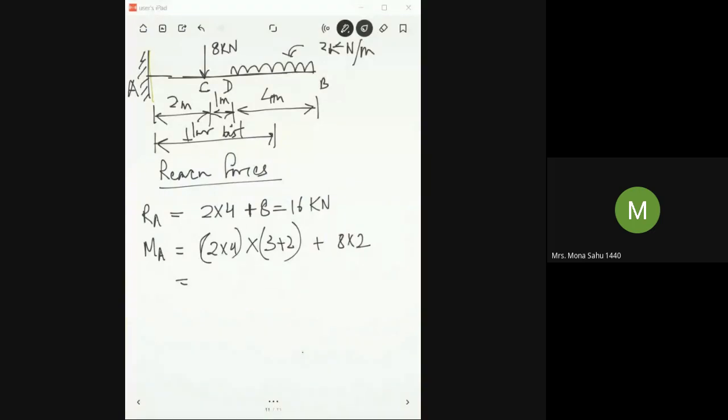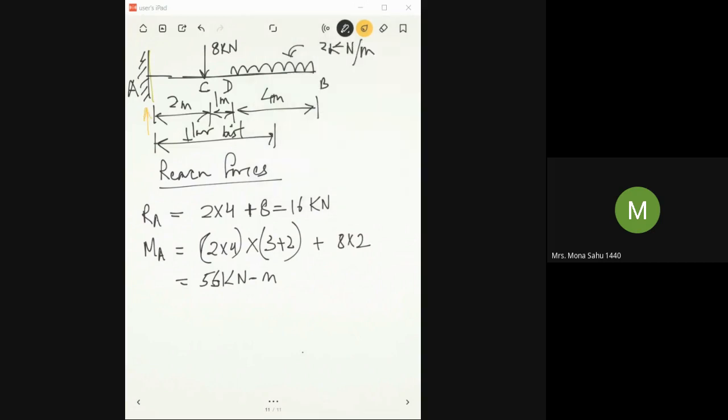So MA value is 56. You should get 56. Just take a screenshot, those of you who have not written.